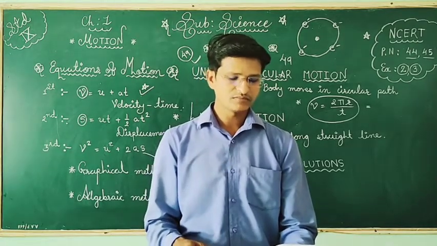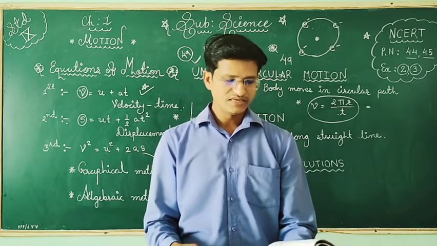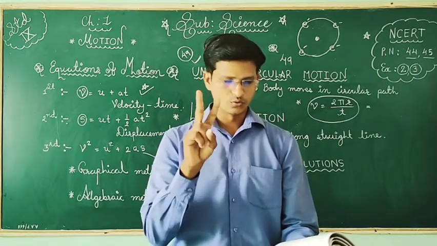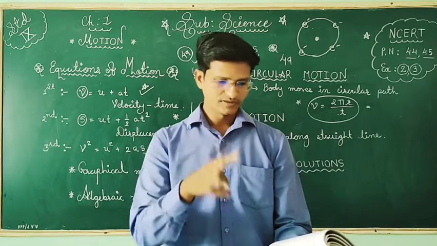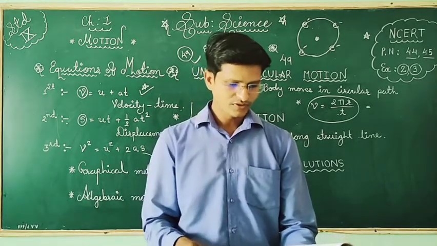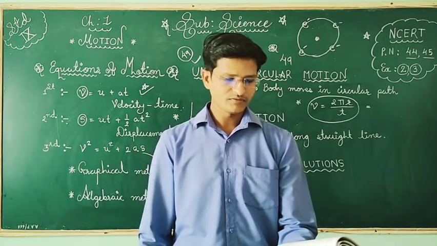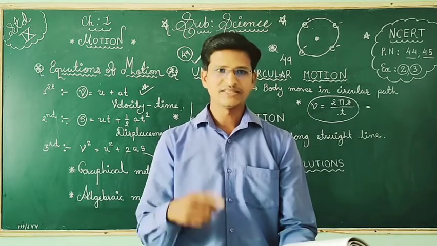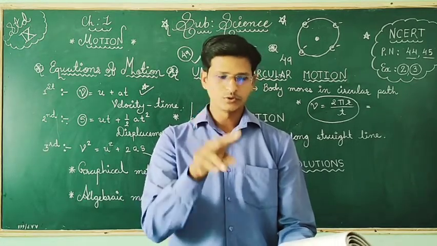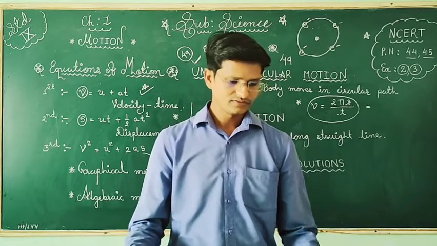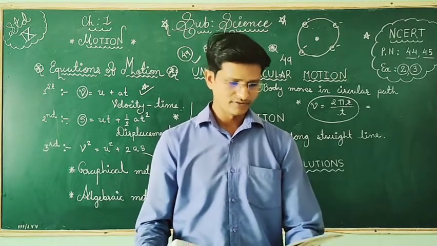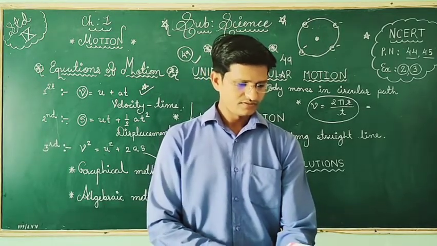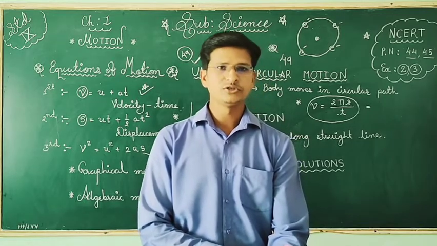Now come to page number 102. In that, question number 2, question number 3, question number 4. Then come to page number 103. In that, question number 1, question number 2, then question number 3. Then come to page number 107.